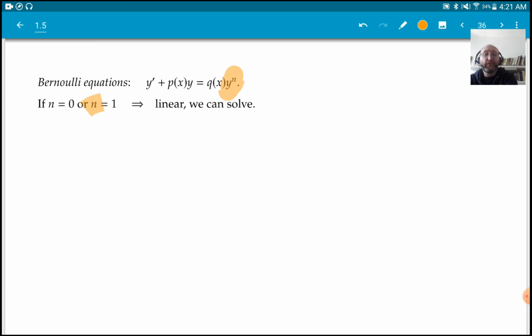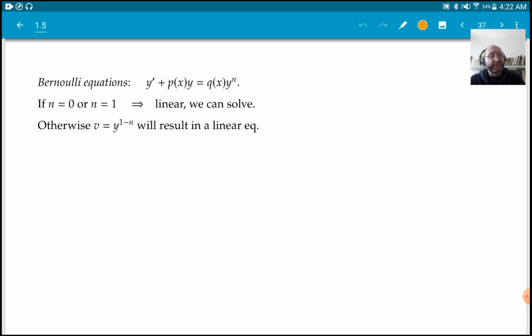The same thing when n is 1, because when n is 1, it's q times y, and you could just put that on the left-hand side, and again, it would be linear. So we know how to solve those. It's mostly about when n is not 0 or 1.